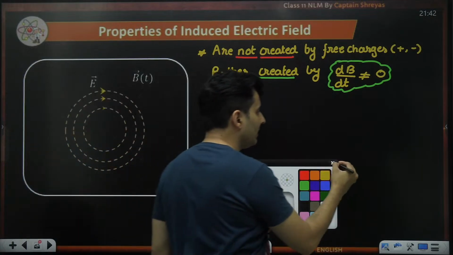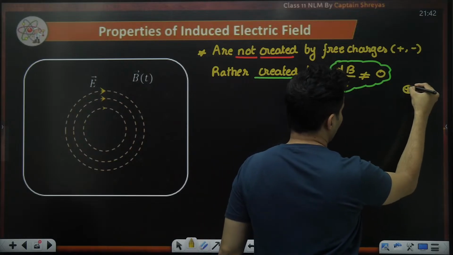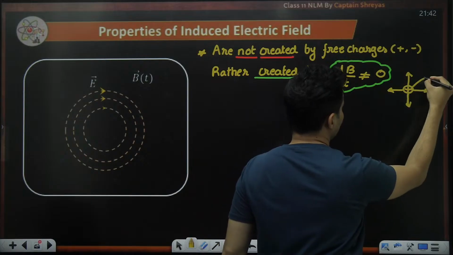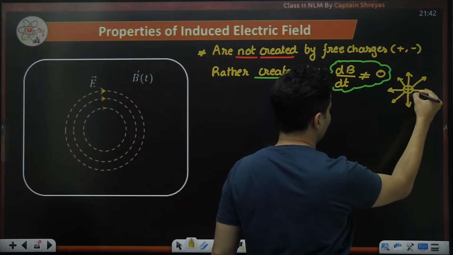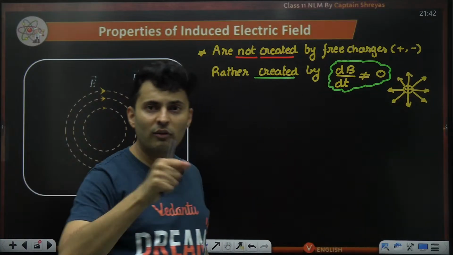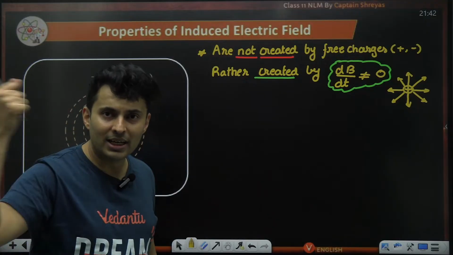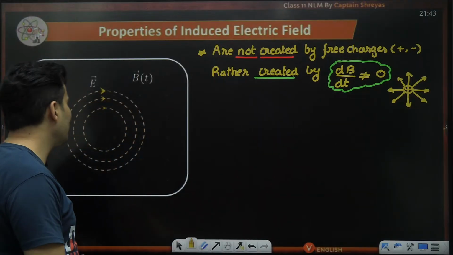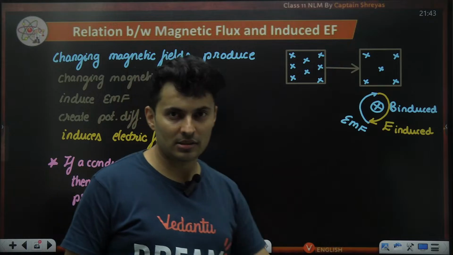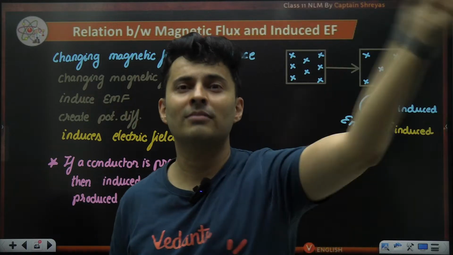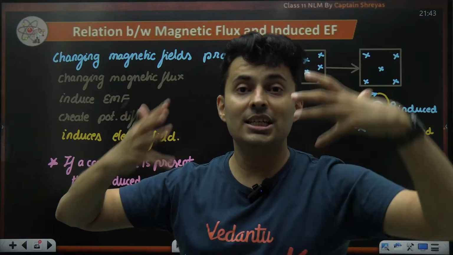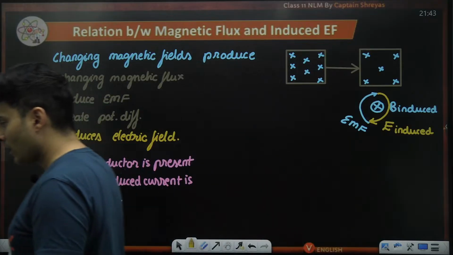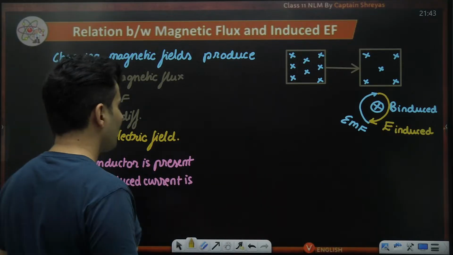Usually our positive negative charges, for example, this is a positive charge, this will create electric field like this. No, this is not created by any kind of positive or negative charge. Rather, it is created because you moved a magnet. Just take a magnet and move it, magnetic field will change around your region. That will create electric field around you. How cool is that? You just move a magnet in air here, it is creating changing magnetic fields that is inducing electric fields here. That is very cool.